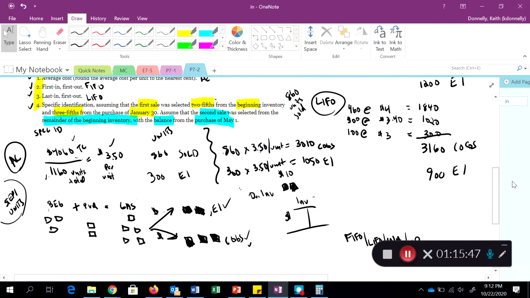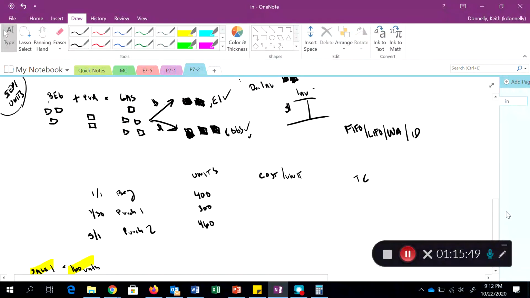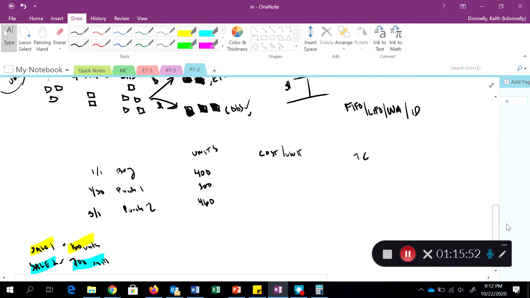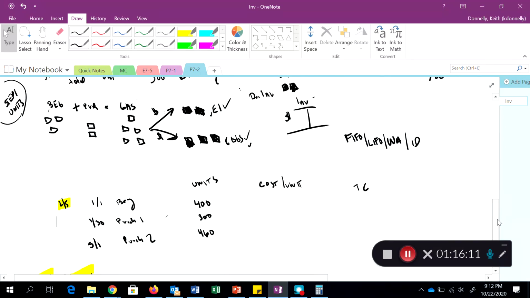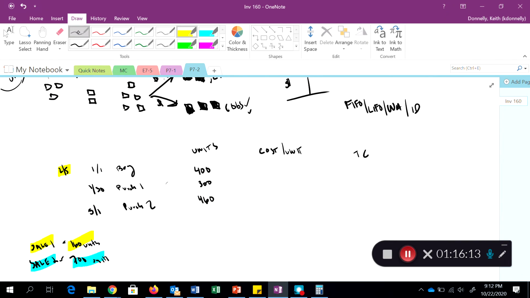So the first sale, 2/5 of that sale, so 2/5 of the 160 units came from beginning inventory. So we're doing sale 1, 2/5 came from beginning, and then 3/5 came from purchase on 1/30.